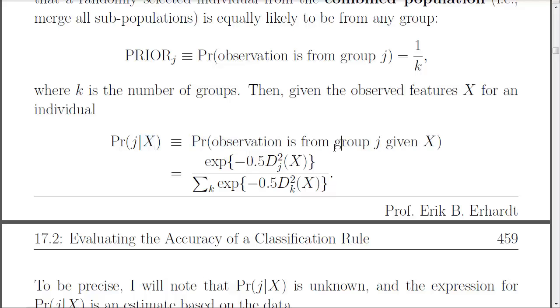What's the probability that the observation is in group j given the features of that flower? And now we have this expression. And this looks complicated, but it is not that complicated. So the numerator, so we're asking, let's fix j to be 1. So let's imagine Setosa is group 1 for the Fisher iris data, and we've observed this new flower.